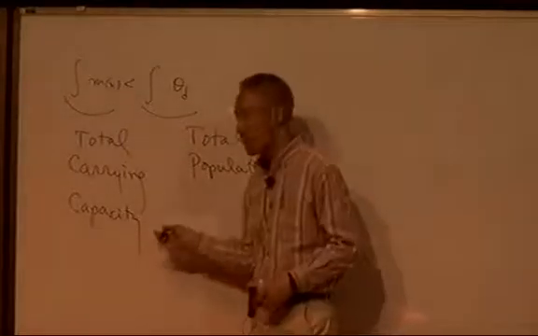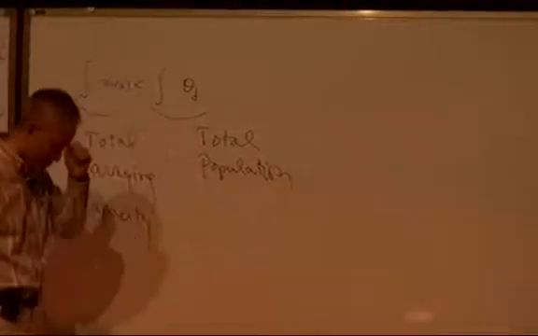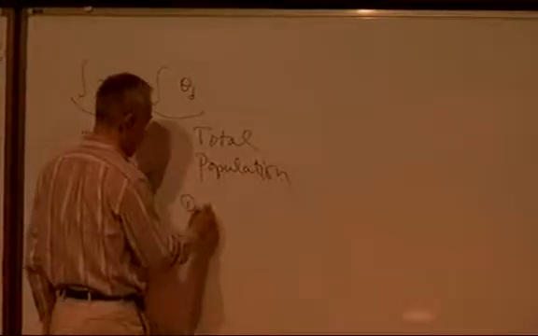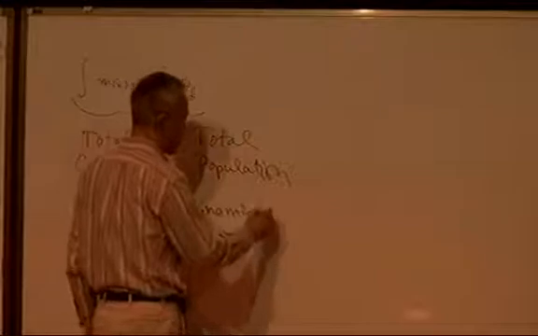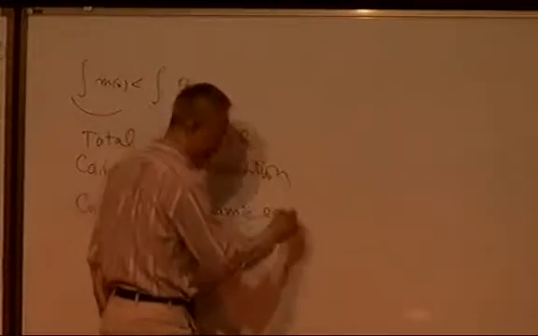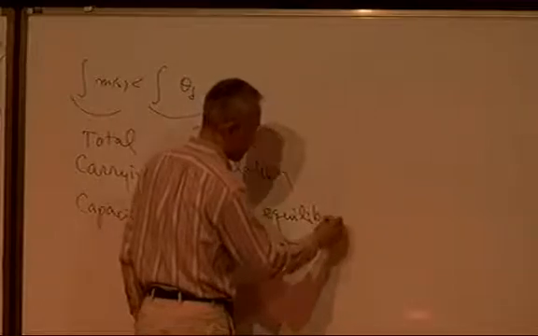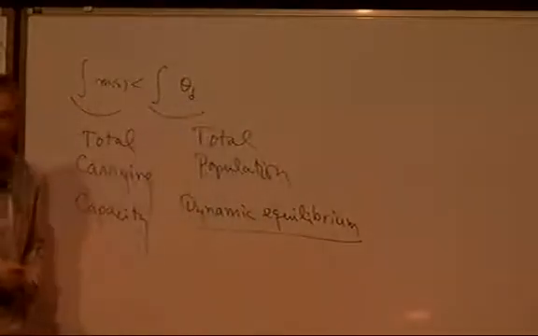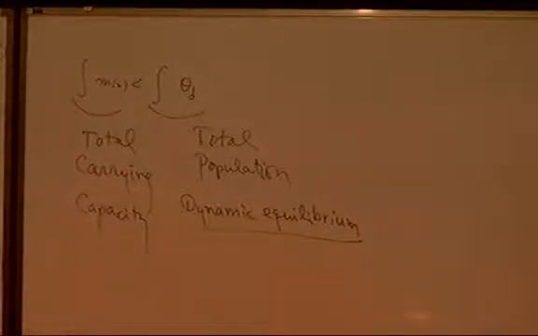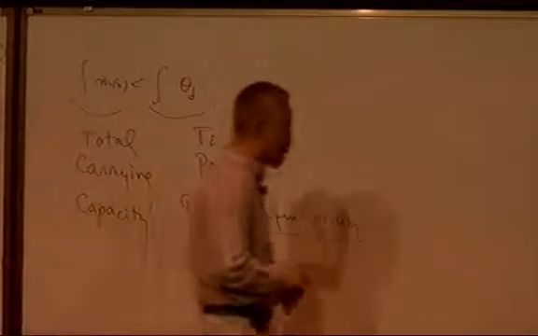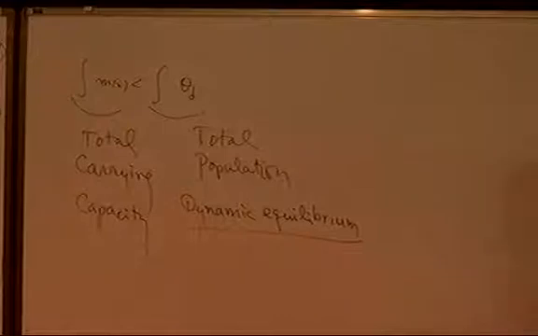Anyway, coming back to this one, ecologists call this theta d, they have an interesting name, dynamic equilibrium. Whatever that means, equilibrium. That is to say, if you allow the species to move, you get an equilibrium that is bigger than the population that was supposed to be allowed.